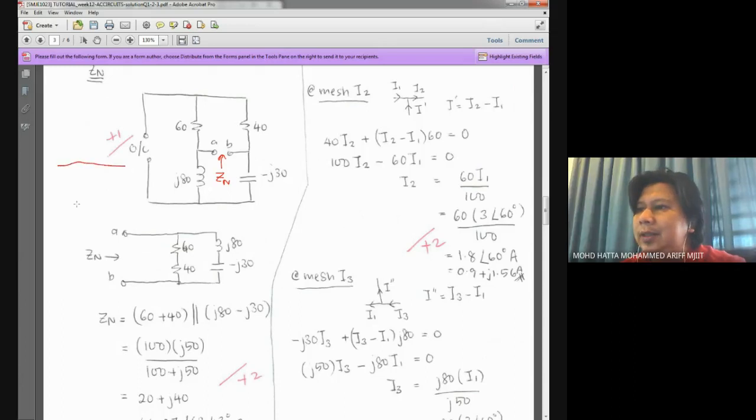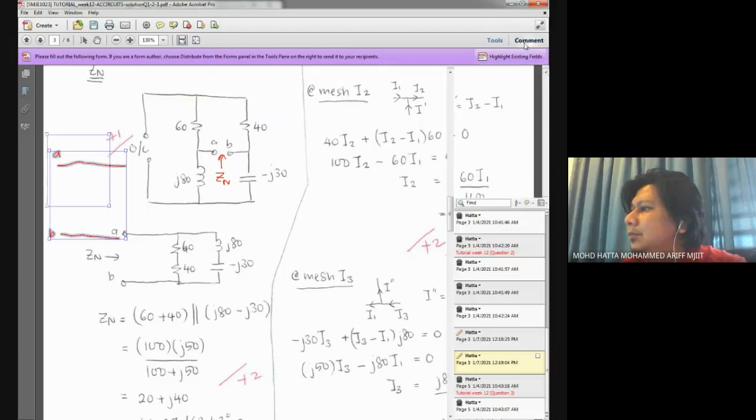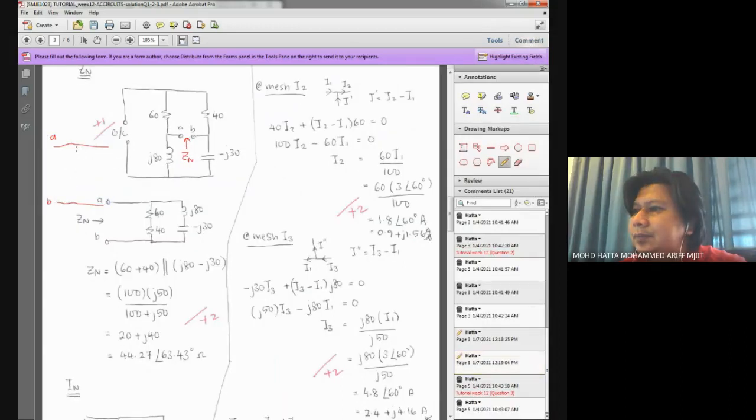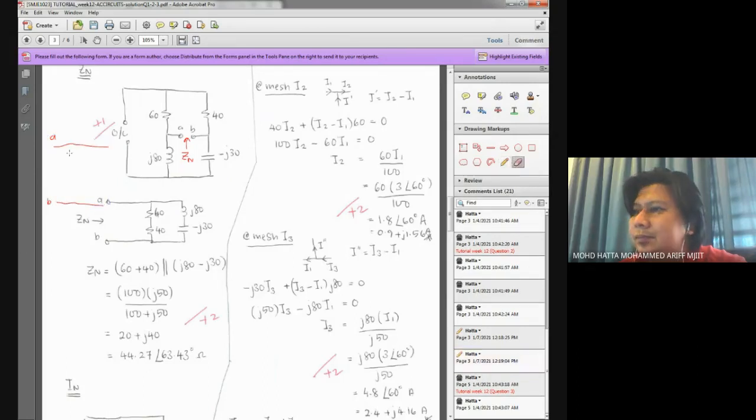So here I also apply the same rule. Basically I have two terminals over here, terminal A and terminal B. From terminal A, I have a connection of 60 and this 40 ohm resistor connected in series, and later on it gets back to point B. Okay, this is 60, this is 40 ohm.